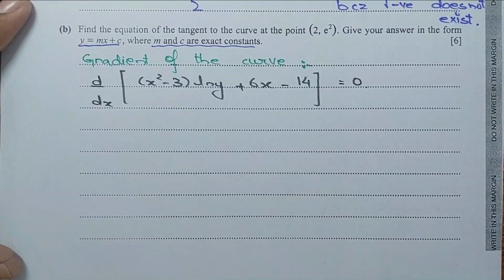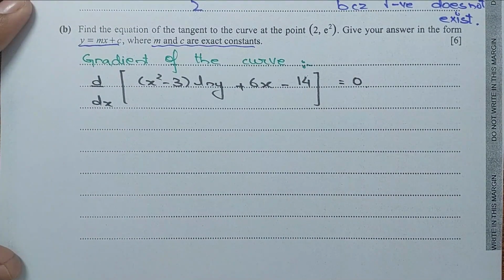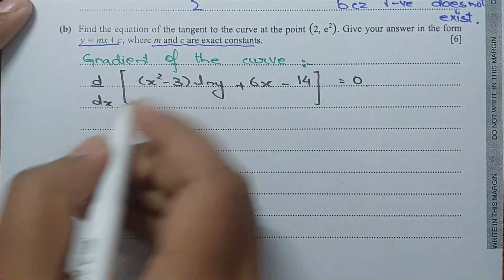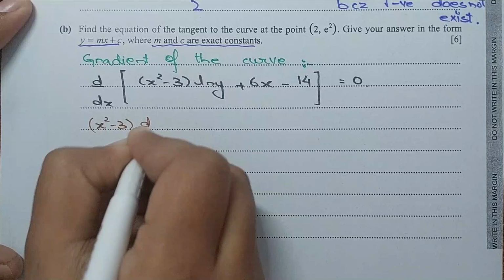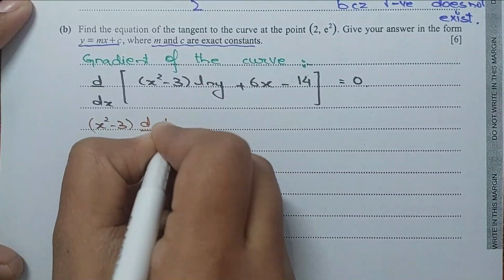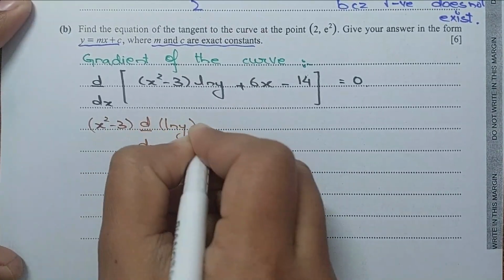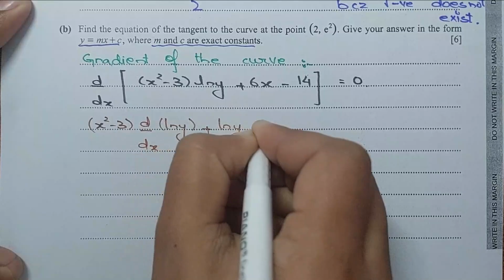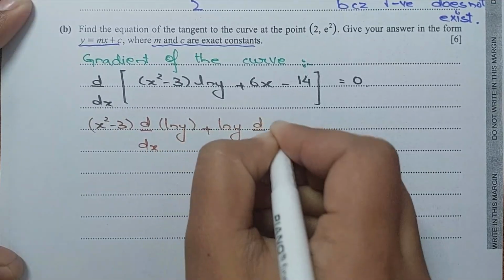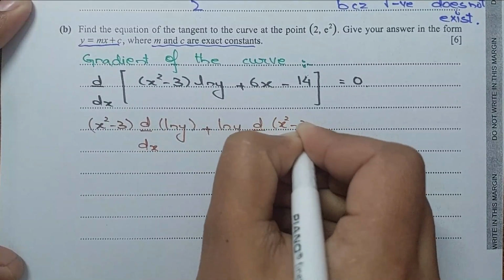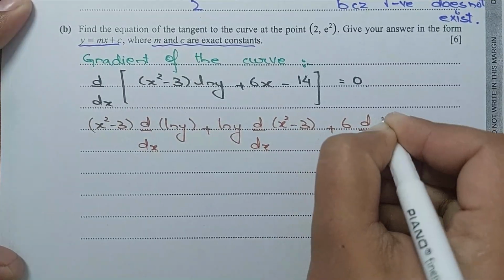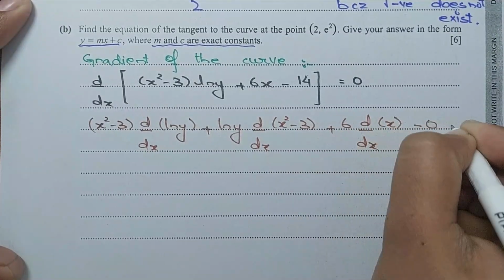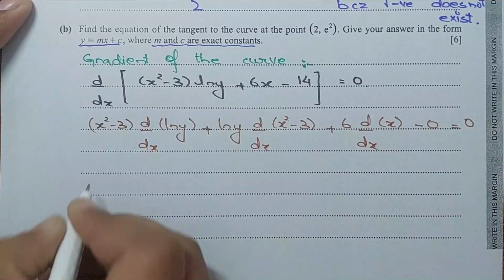So we need to differentiate this basically. Okay, so here we do the product rule. x square minus 3 is as it is, derivative of the second function, plus the second function as it is, d by dx of the first function, plus 6 is a constant, d by dx of x, and the derivative of 14 is just 0.